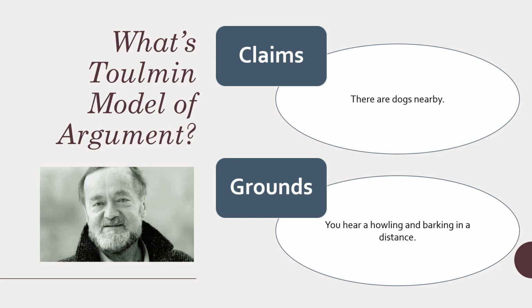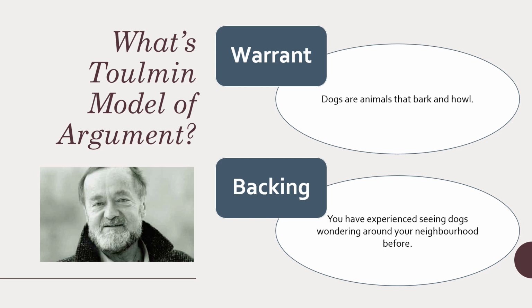So basically, your grounds are there to support your claim. So because you hear howling and barking in the distance, that's why you're making the claim, and that is there are dogs nearby. And then of course you have warrant. Warrant is more like supporting your grounds.